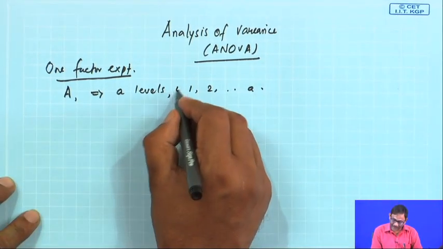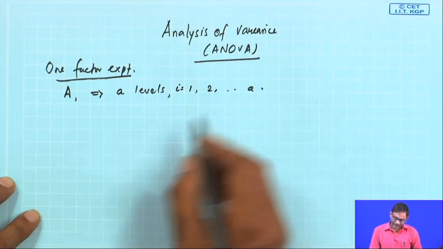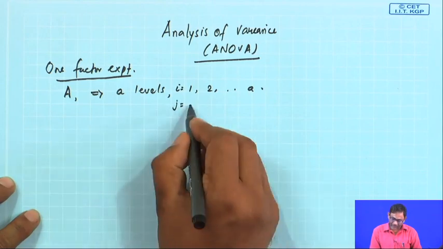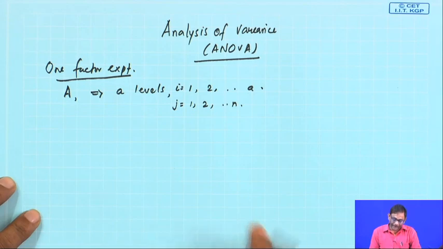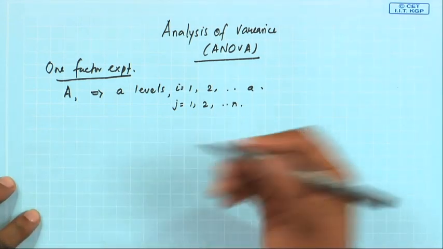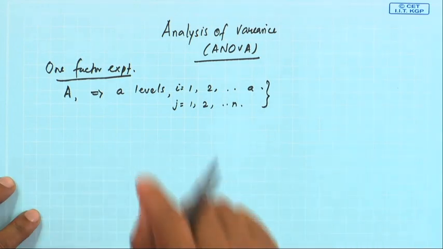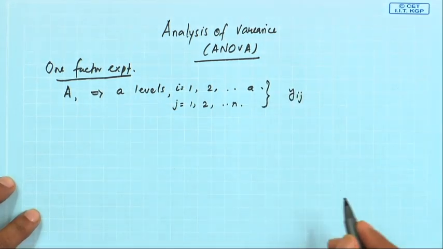So we say i from 1 to a, and then against each level you have n replications, j equal to 1 to n, and each of the responses can be denoted by Yij.